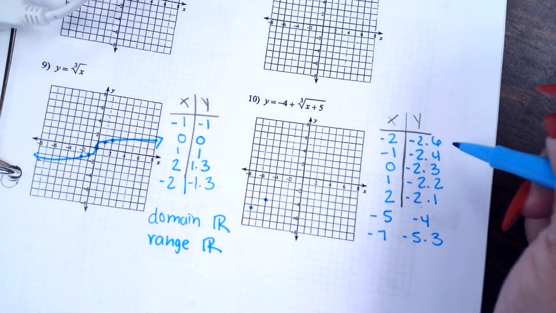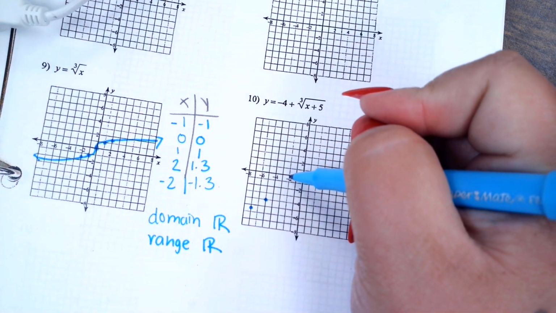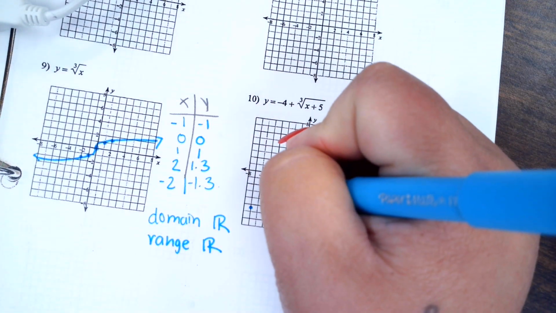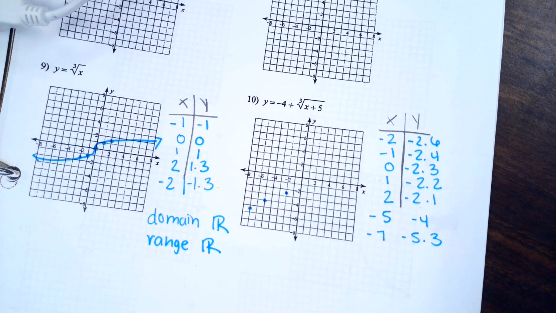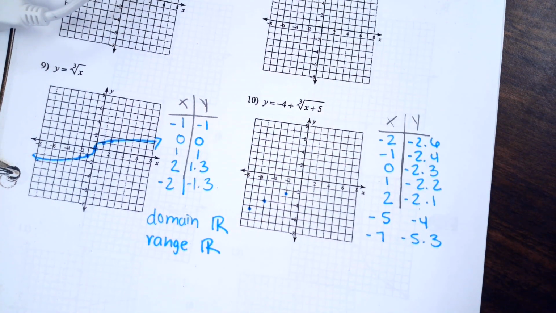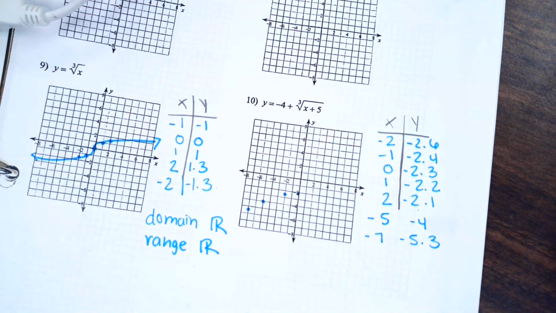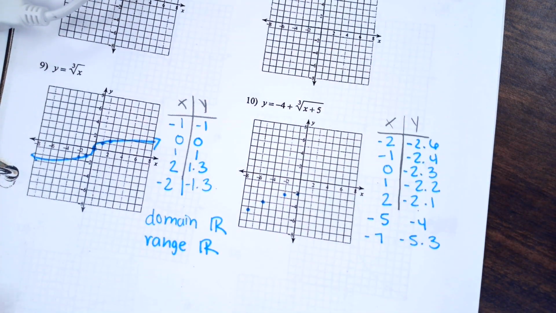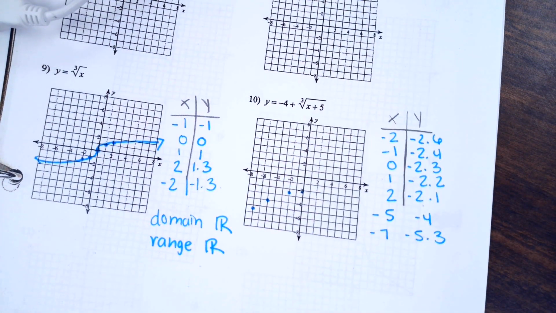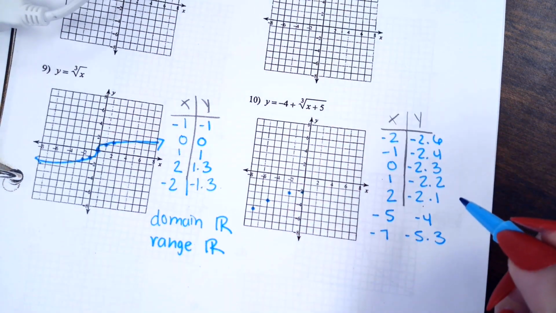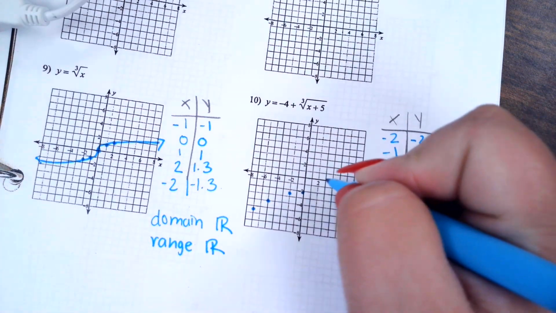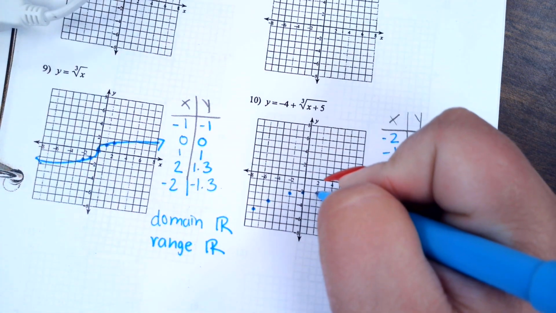And now we'll do some of these. So negative 2, negative 2.6. So that's there. 0, negative 2.3. And then let's do one more. How about 2, negative 2.1.